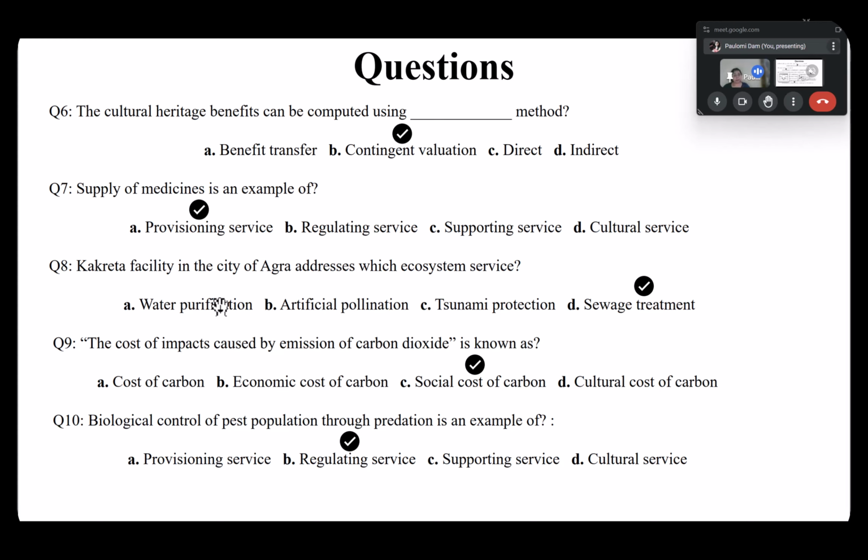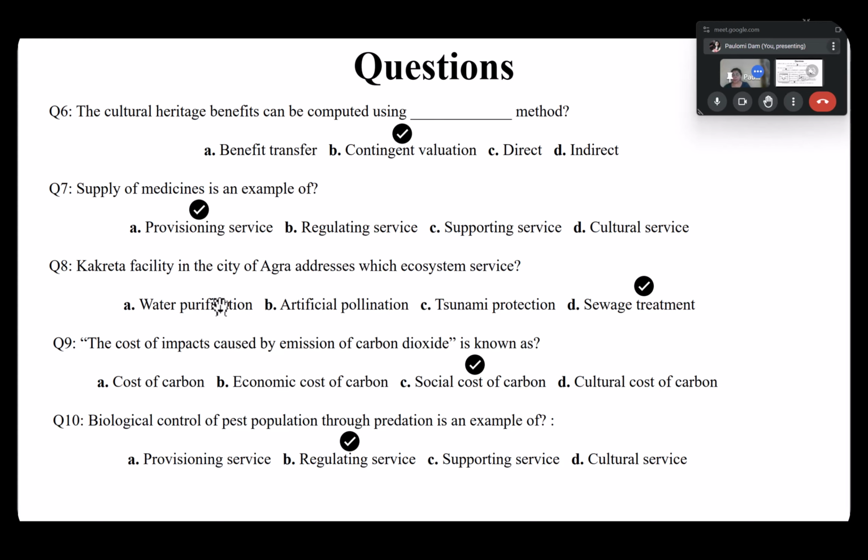Similarly, artificial pollination has been done in Israel because the pollinators have reduced in numbers. The same thing can be done if you conserve the pollinators, which are honeybees, right? If you conserve the honeybee numbers, then you don't have to create any more artificial pollination strategies. Similarly, for tsunami protection, you don't have to make any facilities if you conserve or enhance the mangrove forest.